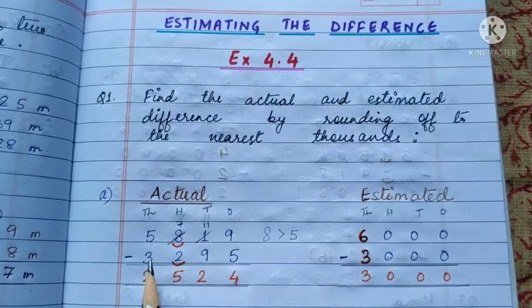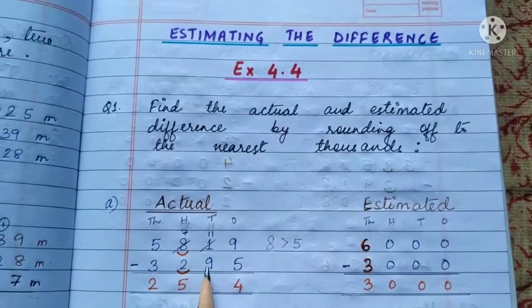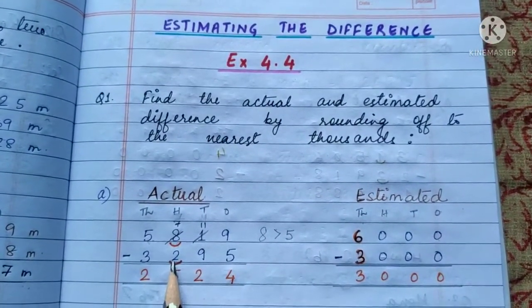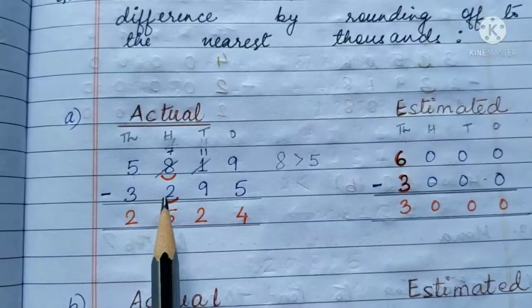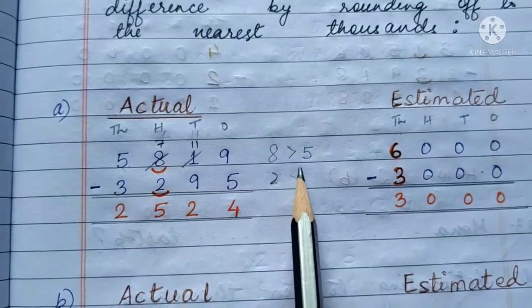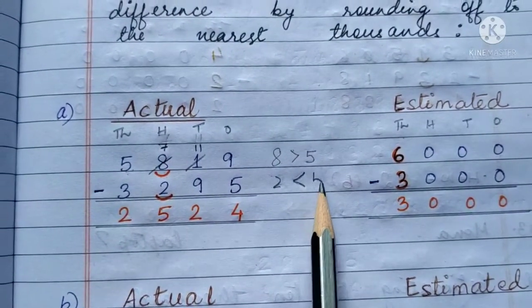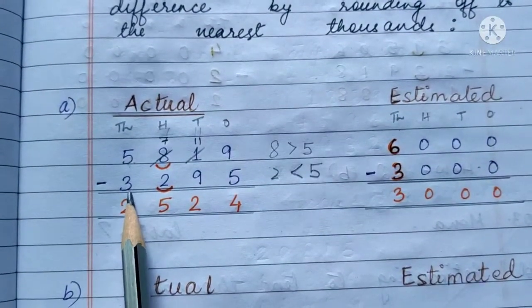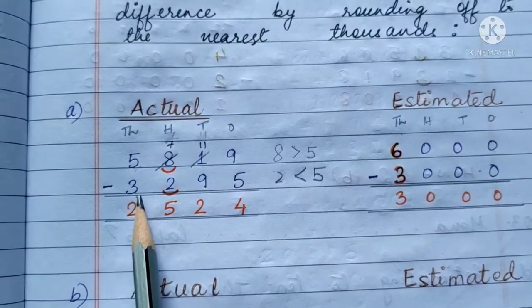Let us take the subtrahend, 3,295. For thousands, we check the digit at hundreds place. It is 2. 2 is less than 5. So what will happen with this digit at the thousands place? It will remain unchanged.